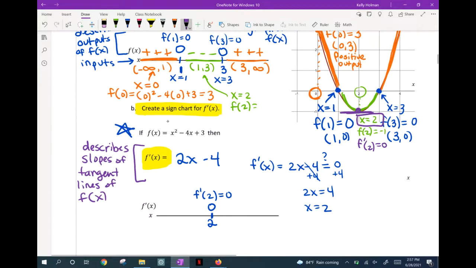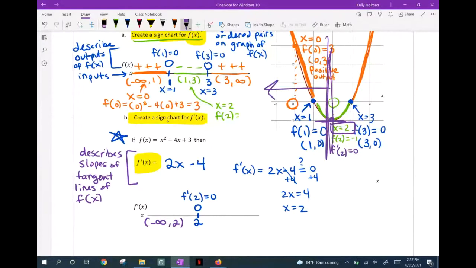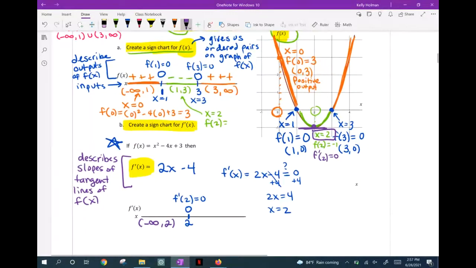So from negative infinity all the way till I hit 2, just looking at my graph, what would I expect? If I cut my graph in half and I look over on this side and I pick any point, what kind of slope would the tangent line have, positive or negative?